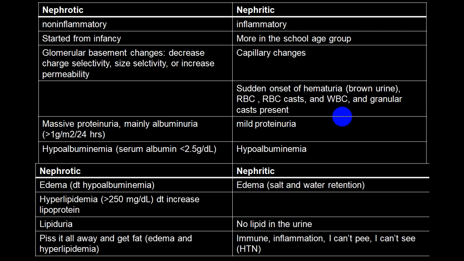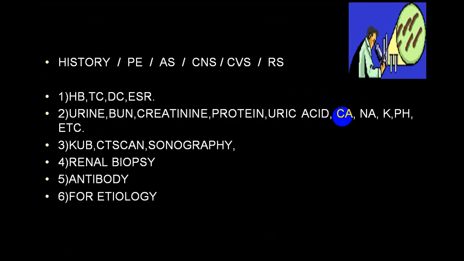The person will have increased micturition and will have fat in the urine, while in the nephritic variety the person will say that I cannot pass urine because of oliguria, and the person will have hypertension and there will be signs of immune system disturbances. So these are the differences between the nephrotic and nephritic groups.